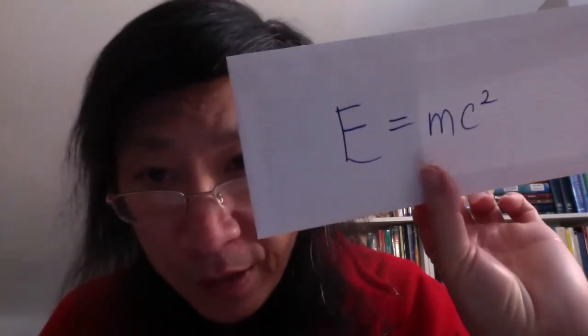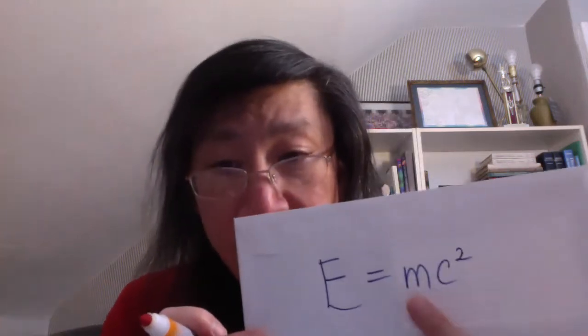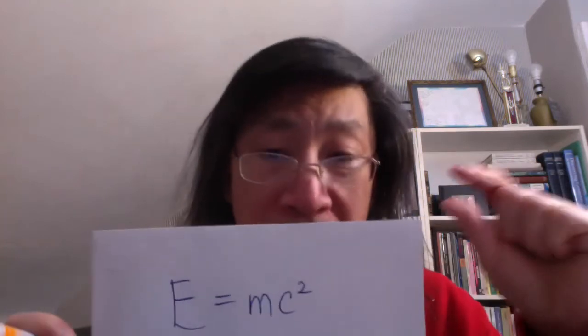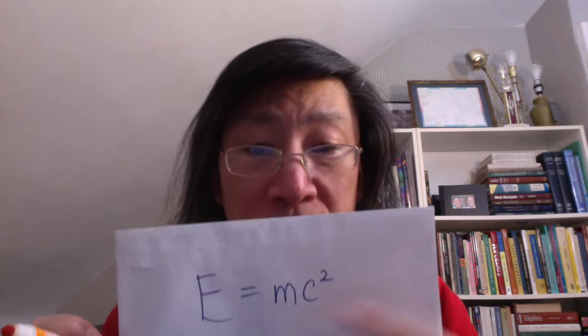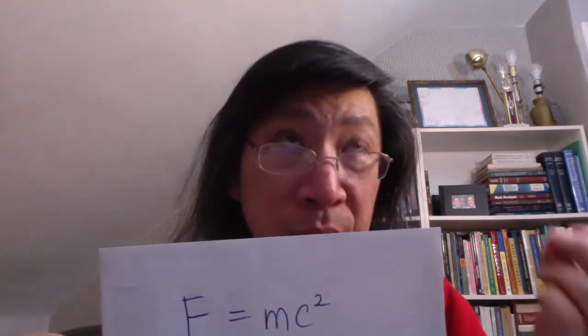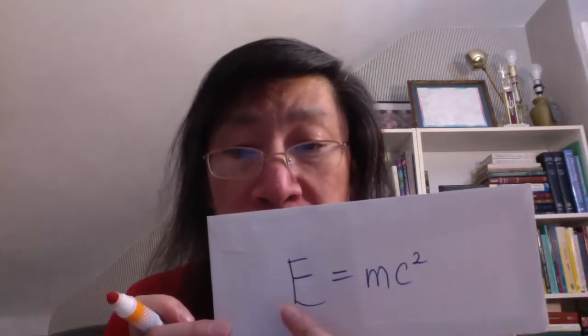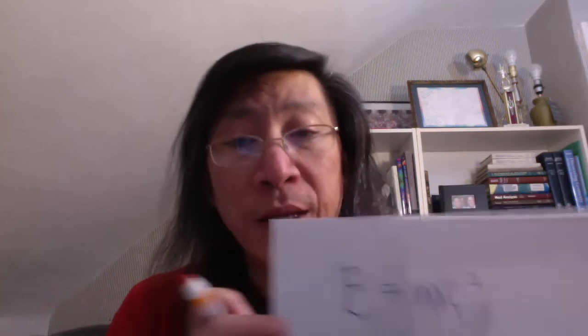Okay? Now, I might have mentioned this in other lectures before, just in passing, but let's break down this equation very, very carefully. What he basically said was that if you have a blob of mass, let's say you're measuring that mass in kilograms or grams, if you multiply that m, that mass, by the speed of light squared using the same units, then that's how much energy you'll get if you convert that matter all the way into energy.